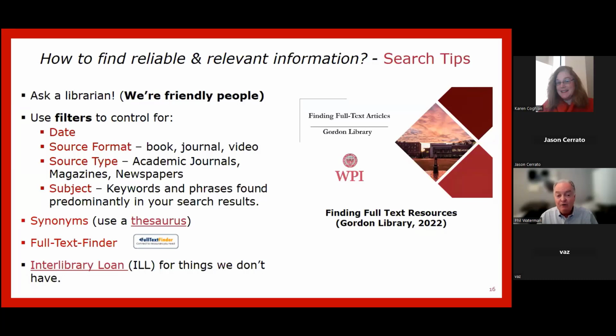Full text finder. That's the goal in all this, getting the full text of a journal article. Some of your results won't be full text, just a summary, but you'll see this little icon, find full text. And what that does is it searches all of our databases. We have over 100 databases, and it searches all of them to see if that article you're looking for is full text somewhere else.